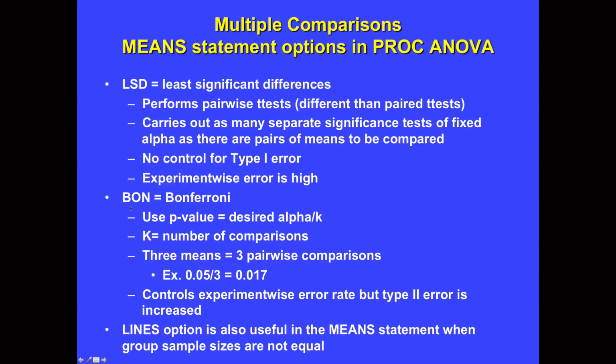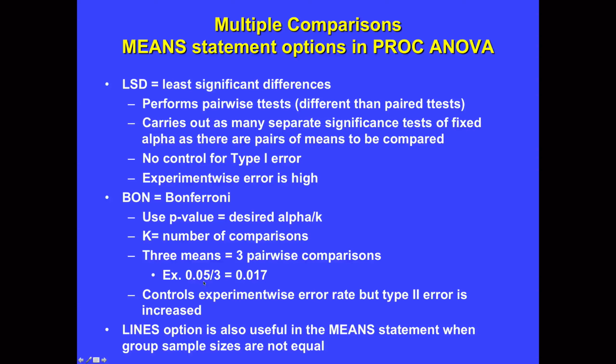You can also use a Bonferroni option by specifying the BON option. This is a very conservative adjustment for multiple comparisons that most of you are probably familiar with, but you essentially divide your desired alpha, typically 0.05, by the number of comparisons being made. In our example, we'll have three comparisons.